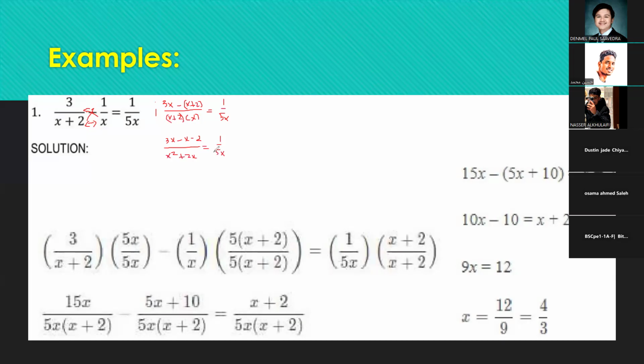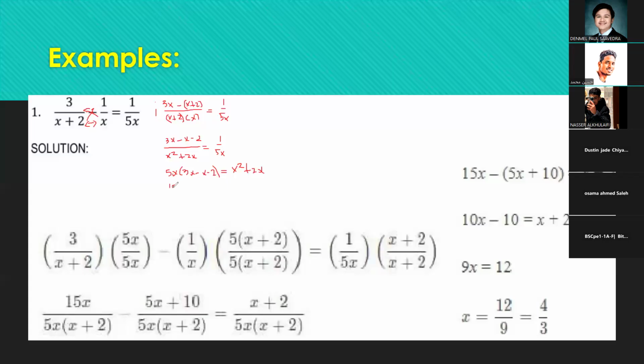So next thing that I want to do is eliminate my denominator by transposing the 5x to the left side and transposing x squared plus 2x to the right side. So it's now becoming 5x times 3x minus x minus 2 is equal to x squared plus 2x times 1, which is the same, x squared plus 2x. Afterwards we distribute.